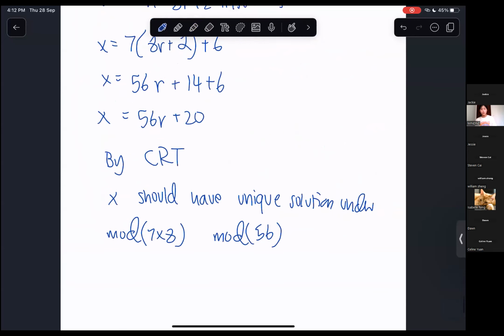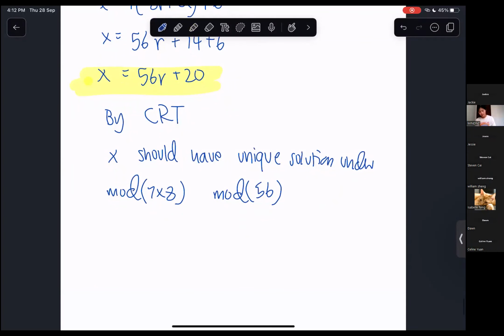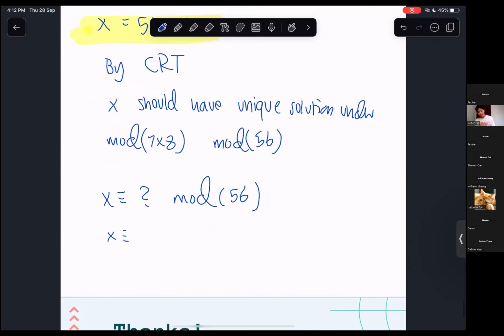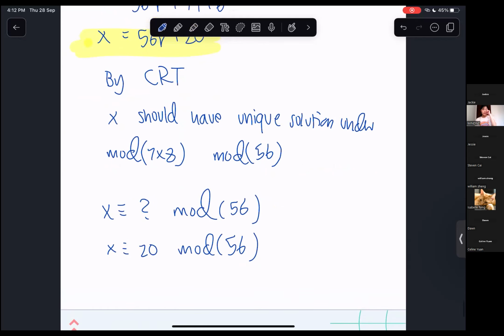And right now, we notice something about this. What would x be if we wrote it as mod 56? Yeah, right. It would be equal to 20. Like we talked about before, how to express the numbers in terms of mod. Well, this should be true, right?